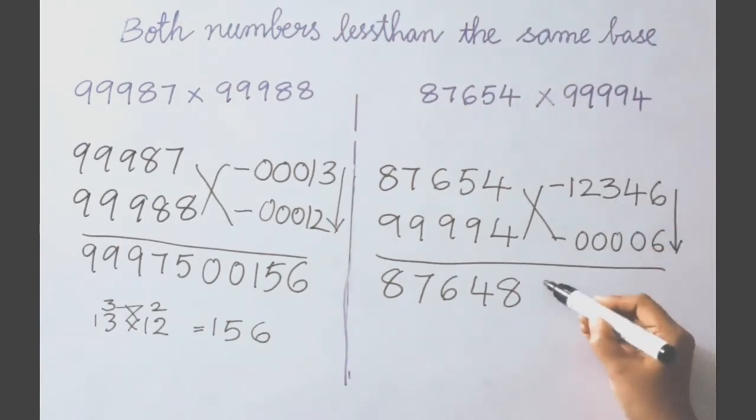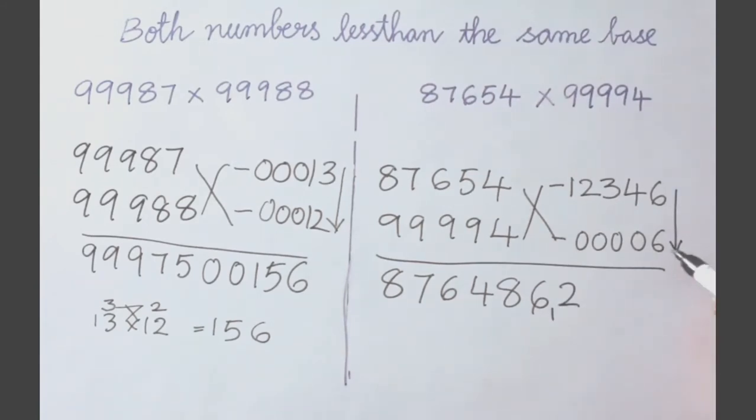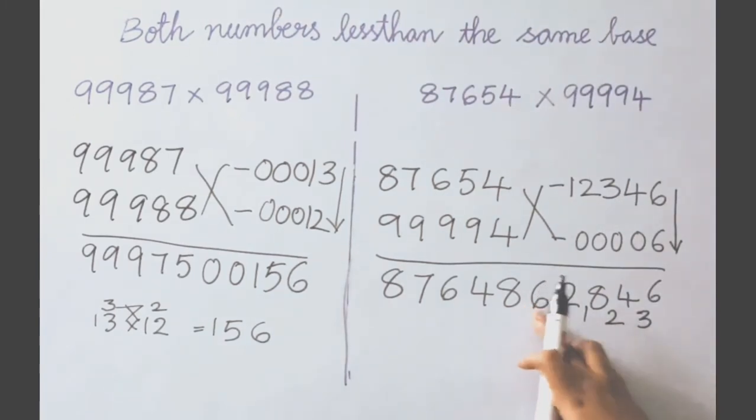6 ones are 6, 6 twos are 12, so 2 carry 1, 6 threes are 18, 8 carry 1, 6 fours are 24, 4 carry 2, 6 sixes are 36, 6 carry 3. Now we have to add all these carries to the above numbers.